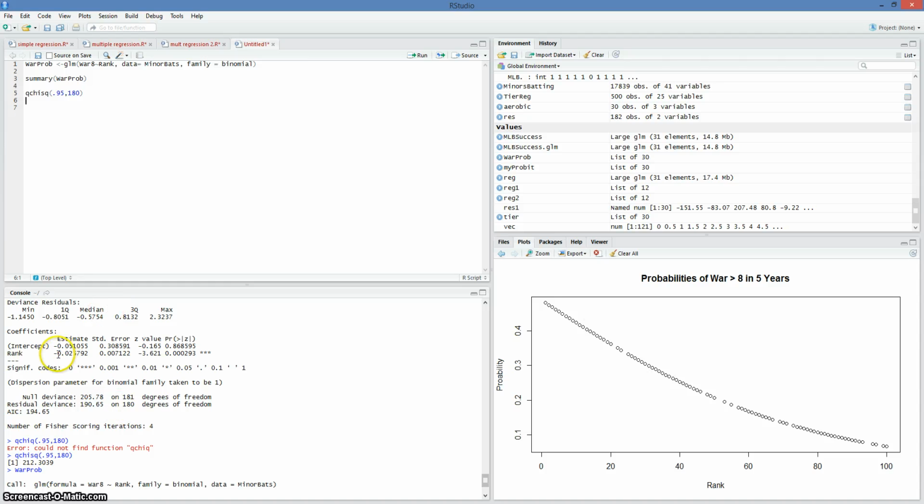It's essentially the log of the odds will decrease by 0.02, and that doesn't really make sense. It's kind of a hard concept to grasp, but it's easier if you convert this into an exponential, essentially making it the percentage change in the odds.